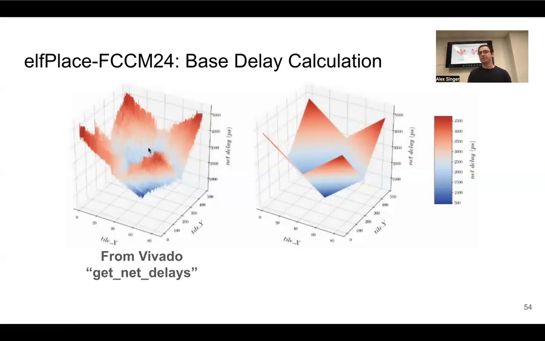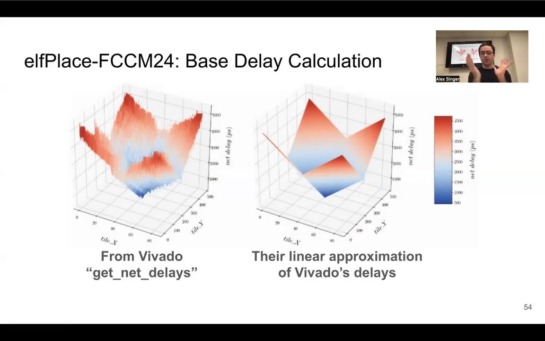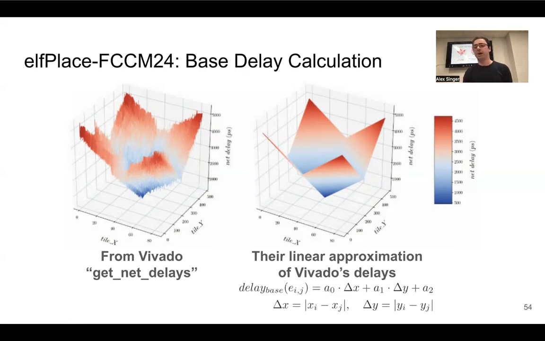What they recognized in this paper is that when they pulled this data in, they can do a linear approximation to compute this base delay. All this really is, take your delta x multiplied by some constant, take delta y multiplied by some constant, plus some constant. And they do curve fitting to match the data they pull in to this linear approximation, which they use to compute delay. So that's the base delay.